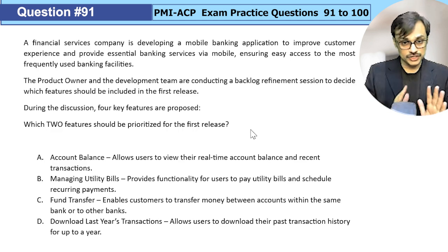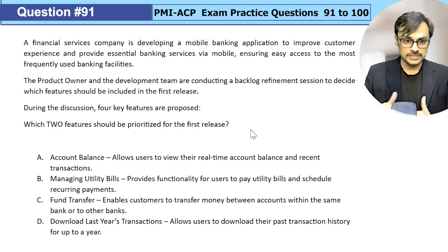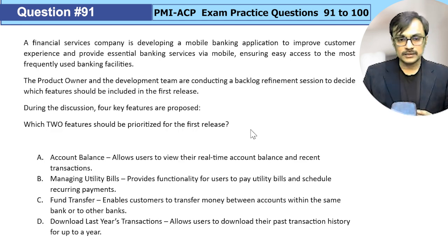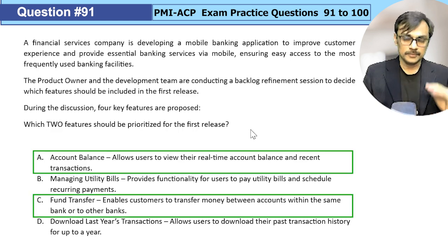So some amount of judgment, there is no yes and no because it all depends upon stakeholder feedback and interaction. But by looking at these 4 options, if I have to select, I will select A and C because these 2 look like frequently used features and they seem to be the essential part of any mobile banking application. So I will go with option A and C because I have to choose 2.